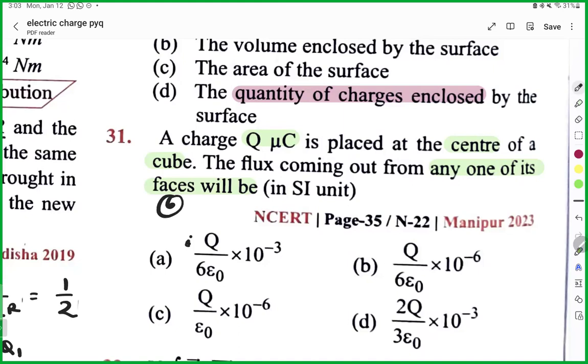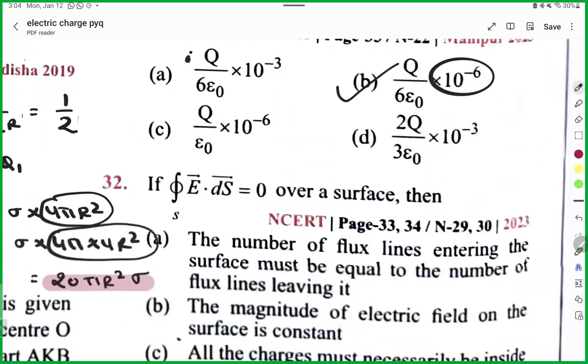So what will be the value through each face? Q by 6 absolute. The unit is micro coulomb. Understood? Yes, sir.